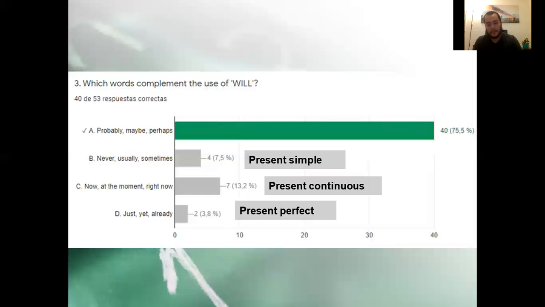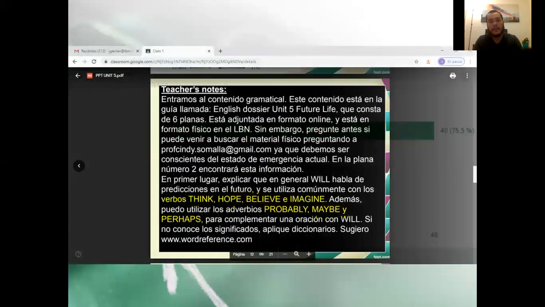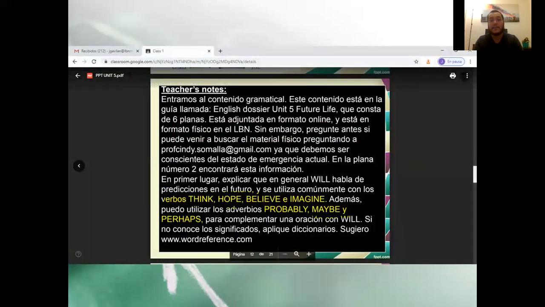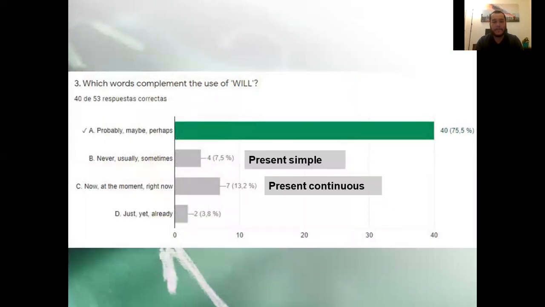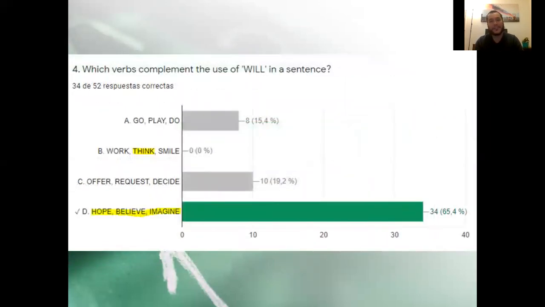So please, people, be careful with that information because the teacher's notes are very important for these classes, okay? Why is that important? Because actually question number 4 was the same. Which verbs complement the use of will in a sentence? And look at that. Only 34 people out of 52 answers are correct. So be careful with that.